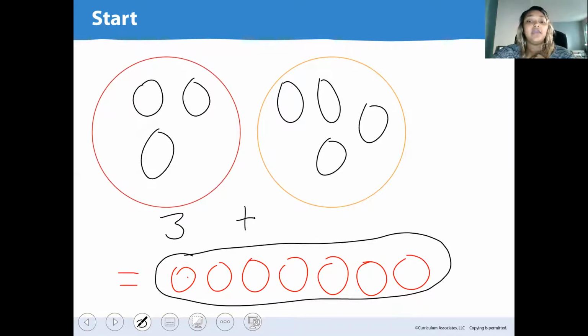So we're going to say, and Paula brung 4 more balls. How many do we have in all? Who remembers? 7. So we know that 3 plus 4 equals 7. Or 3 and 4 make 7. So remember, we talked about that in class. So we can say and, or we can say plus. So 3 and 4 make 7.